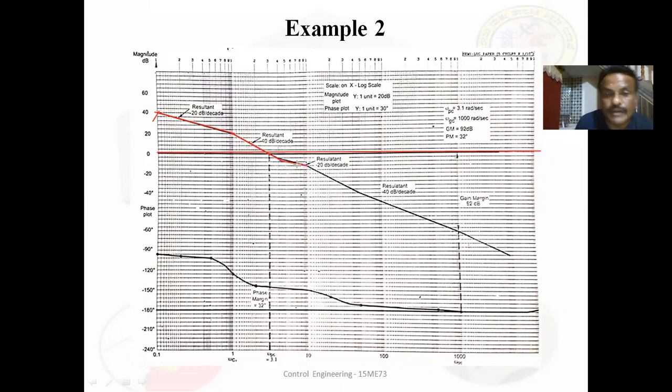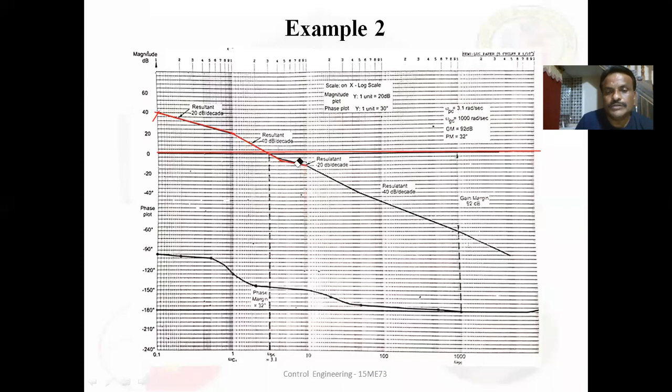Then you take another first order pole, so the resultant slope is minus 40 dB per decade. So you take this point and count downwards 40 dB per decade.